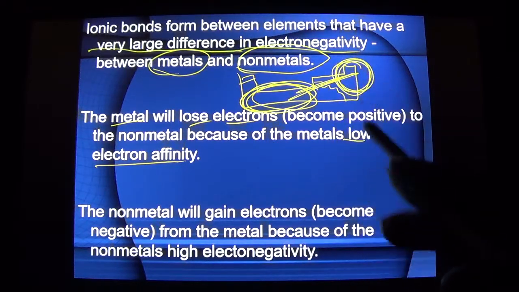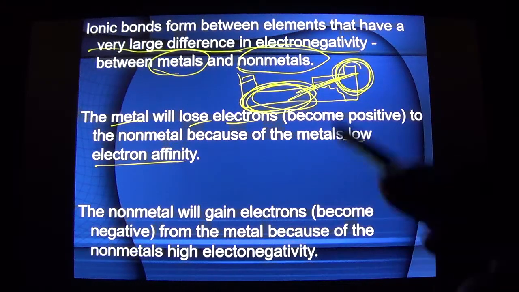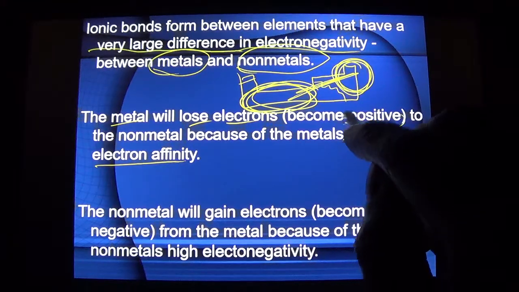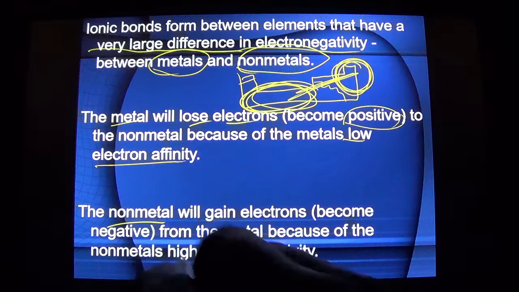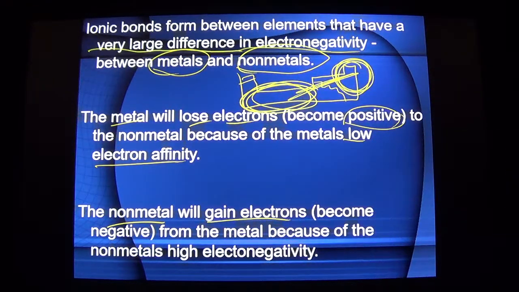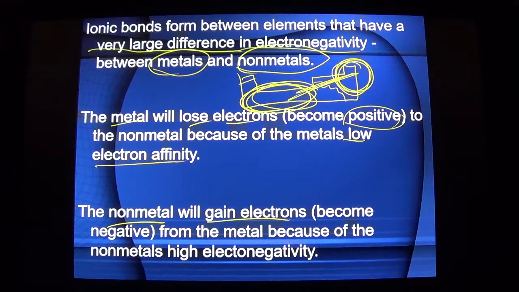And I already mentioned that, but again, when I call you a metal, I'm calling you a loser, because metals will lose electrons. That makes them positive, by the way. That makes them cations because you're losing negative electrons. Now you need the other piece of that. You need a non-metal. The non-metals are going to gain electrons. You need a loser, you need a gainer, or the bond is not going to form. It's just going to sit there doing nothing.